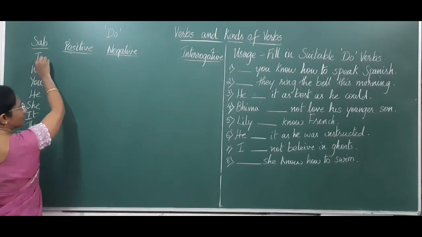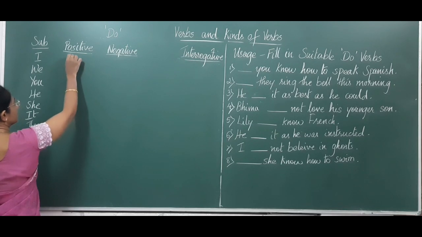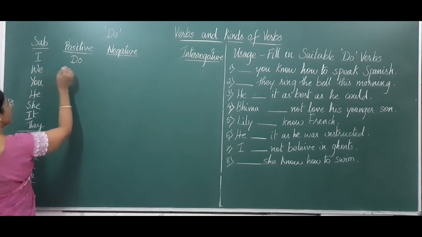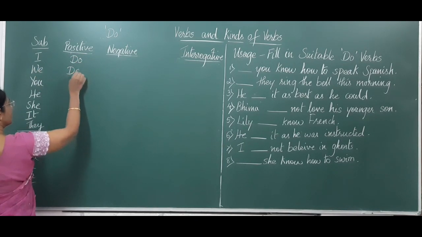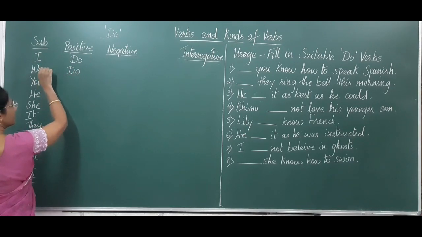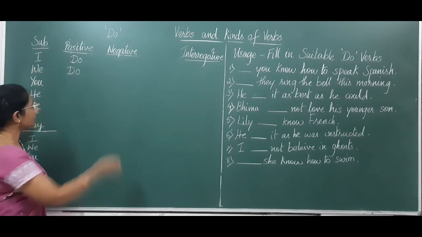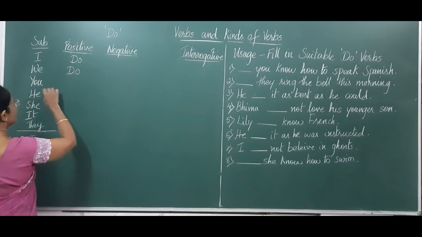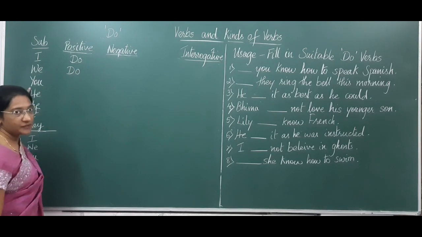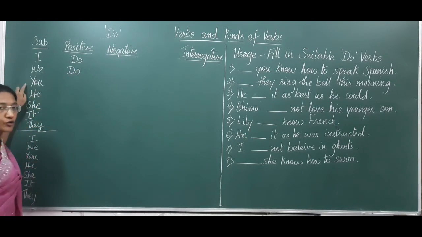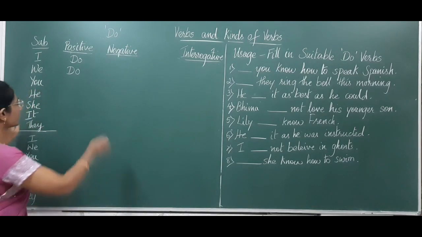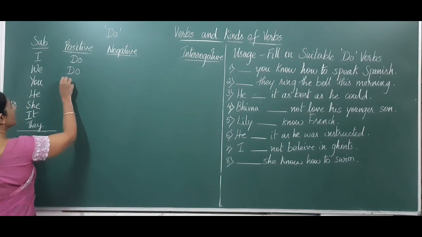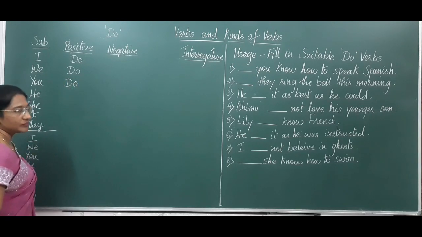For subject I, it takes do. Next, for we, it takes do. First person in singular and plural takes do and do. You, second person, in singular and plural also takes do.